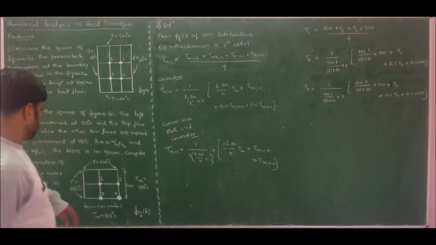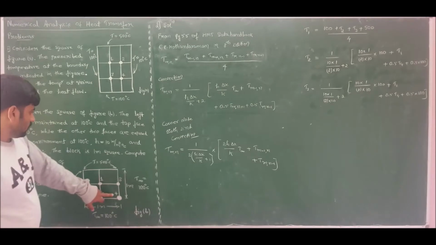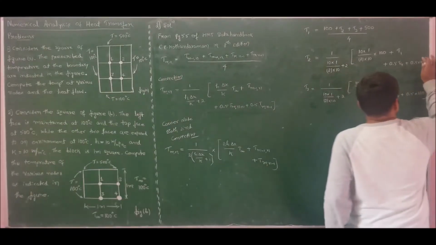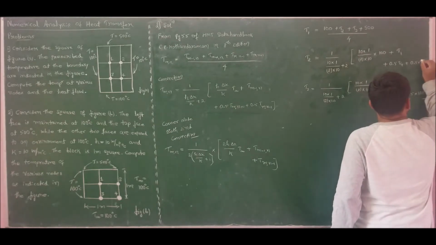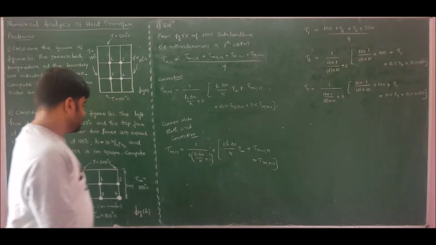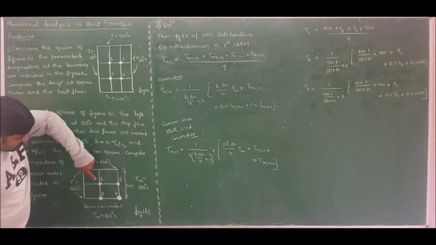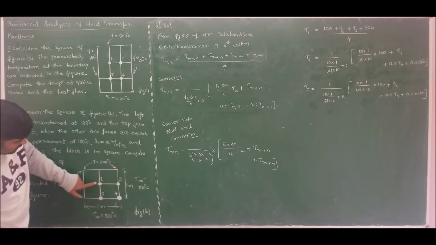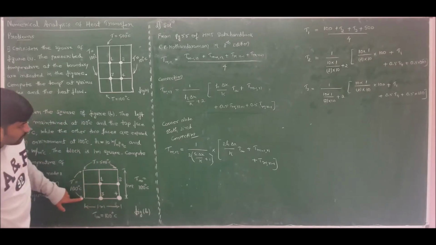For T2 it is T1, T4 and this face, which is at 500. Sorry, this should be 500. For node 2 it is T1, T4 and this one, whereas for T3 it is T1, T4 and this one.